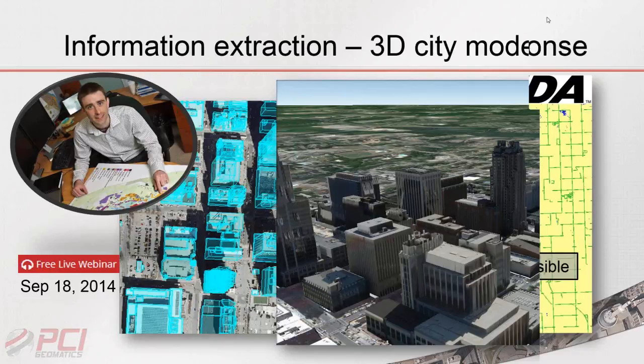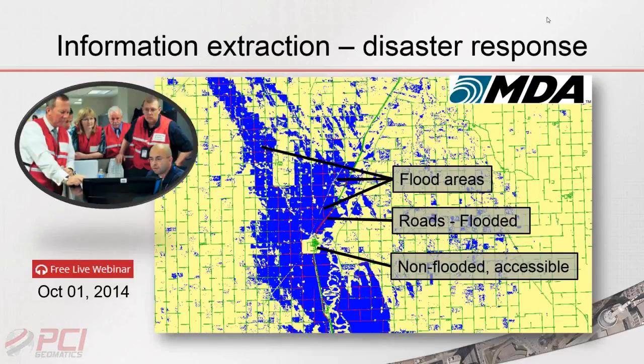And most recently, a couple of weeks ago, we did a webinar together with our partner MDA, MacDonald Dettwiler, on the use of synthetic aperture radar for disaster response. Here we see an example of flooding. This is a classic example in Canada's western province of Manitoba, where there's quite a bit of flooding that occurs, and the map that you're seeing up on the screen is something that was derived using Geomatica.